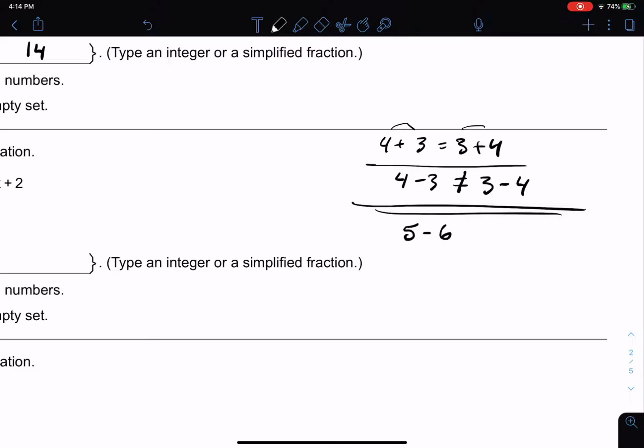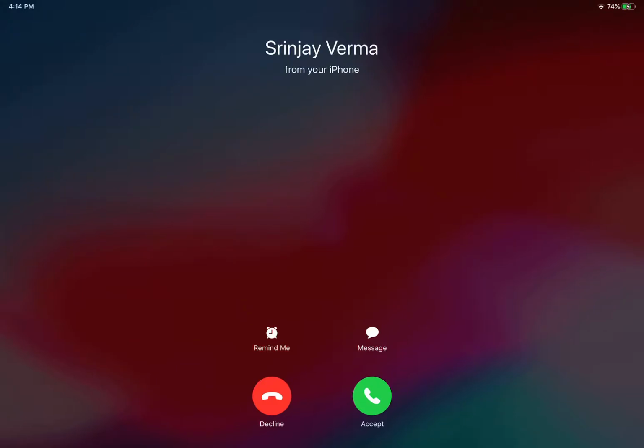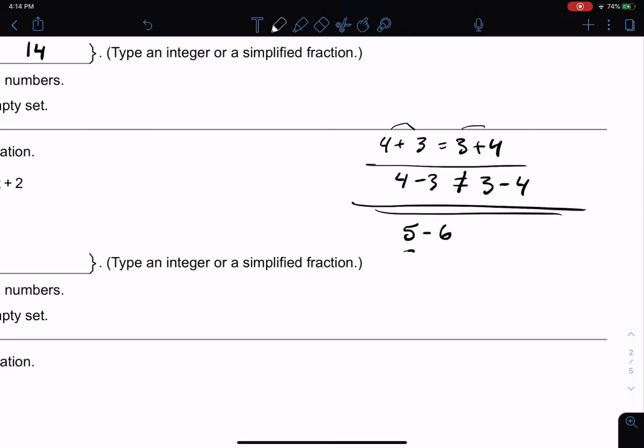However, if you rewrite this as an addition problem, 5 plus a negative 6. Now this is just the explanation of what's going on.